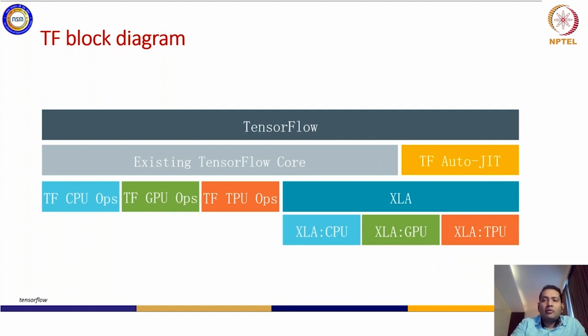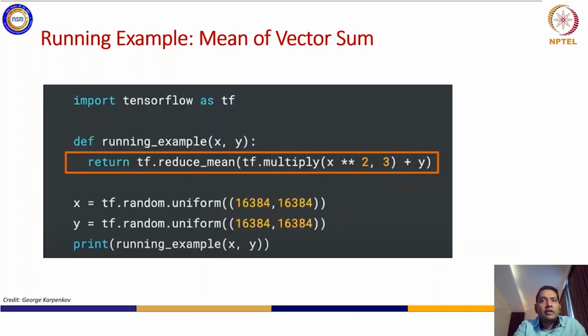Now, what XLA is all about, that we will see in a bit. But let's look at one traditional way of writing code and how it is going to be executed. As you can see here, one code is there where you are raising to the power of 2 and multiplying by 3. So basically, you are operating on two tensors, x and y, defined with these dimensions and shapes.